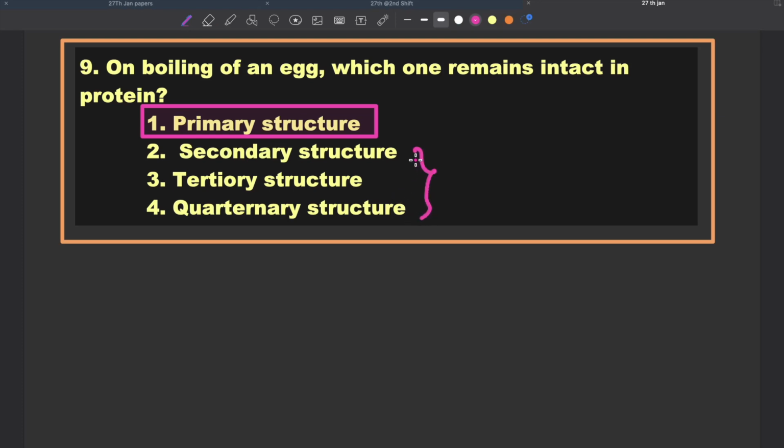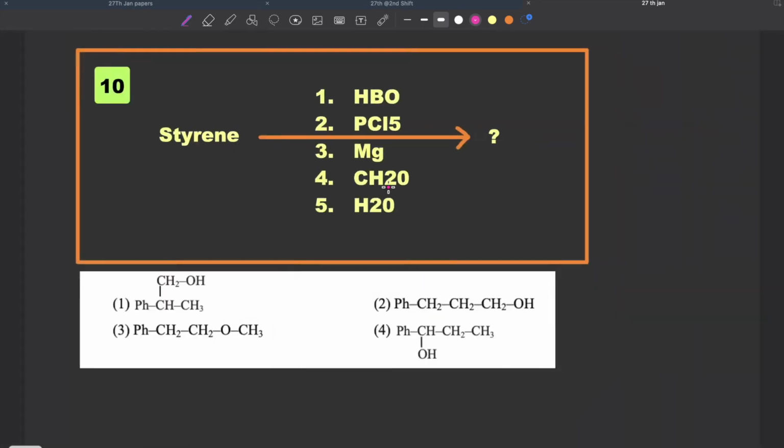Whereas secondary structure involves hydrogen bonds, tertiary structure also involves hydrogen and sulfide bonds, even quaternary structure involves hydrogen bonds. These can break down, but the primary structure remains intact when protein is subjected to denaturation. So the answer for this question is option 1.